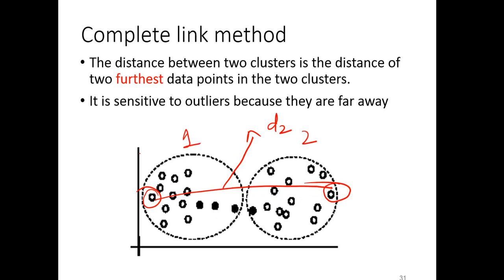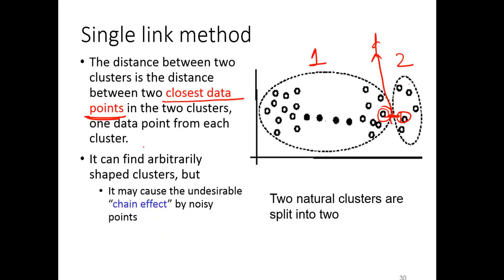You can see that the way you take the distance between two clusters, the clustering algorithm partitions the data accordingly. In single link, a whole lot of the data has been clustered into cluster 1 and a small section into cluster 2.